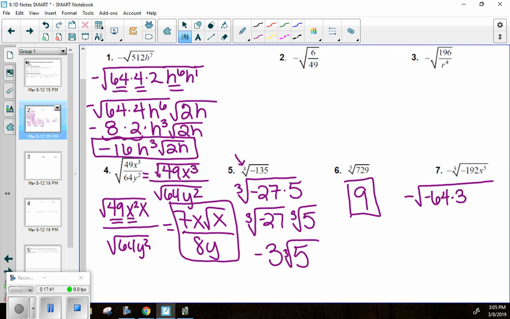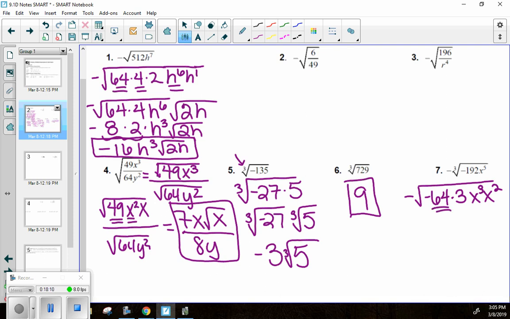What about the x to the 5th? Is that a perfect cube? No, right? 5 does not divide evenly by 3. So what is the largest number of x's that I have right now that is divisible by 3? 3, right? So we're going to break that up into x to the 3rd times those extra 2. Okay? Because 3 is the most that I can divide out here. Okay? All right, cool. So I have a couple of perfect cubes.